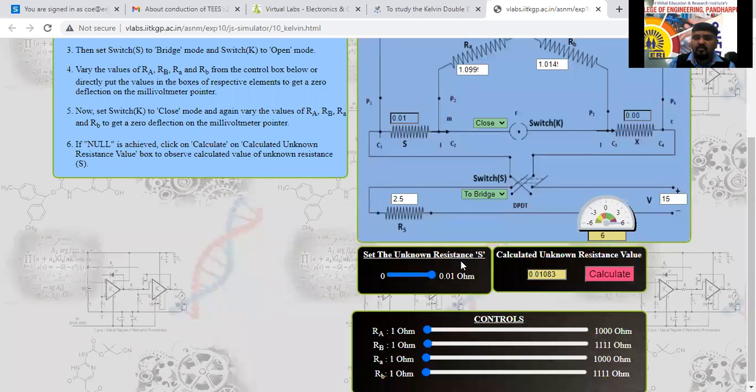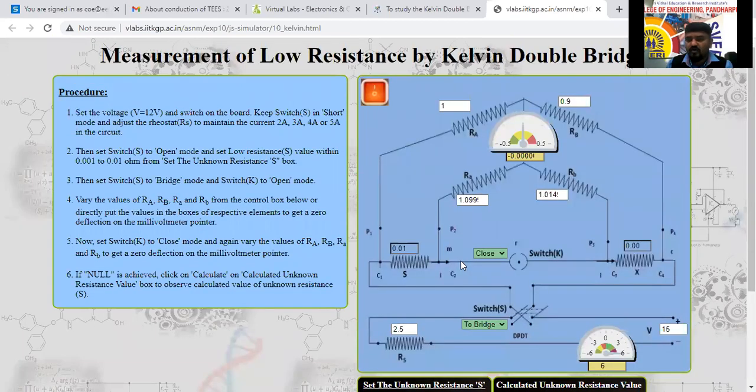Now you have to note down the values: RA equal to 1, RB equal to 0.9, and R3 equal to 0.01 we have set here now. R4 we have to calculate like this. So the R1 by R2 ratio should be equal to the RA by RB ratio here now.